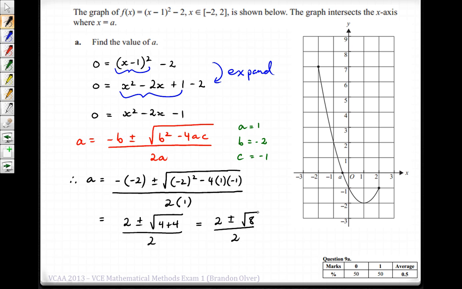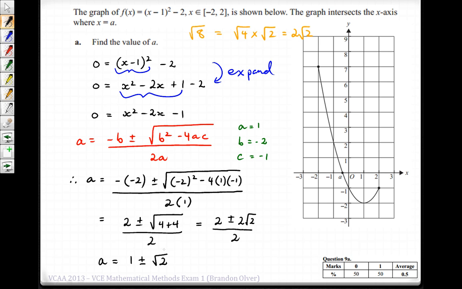And now I'm going to turn the square root of 8 into 2 root 2. Just to clarify, the square root of 8 equals the square root of 4 times the square root of 2, which equals 2 root 2. So that's where we've got that from. Then cancelling off the 2, we have that x equals 1 plus or minus root 2.